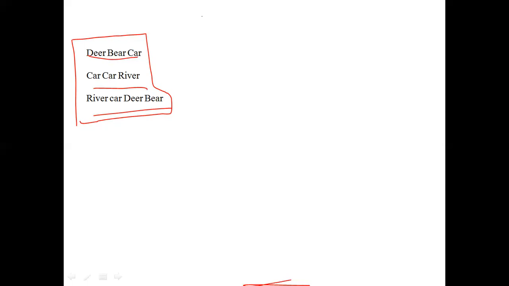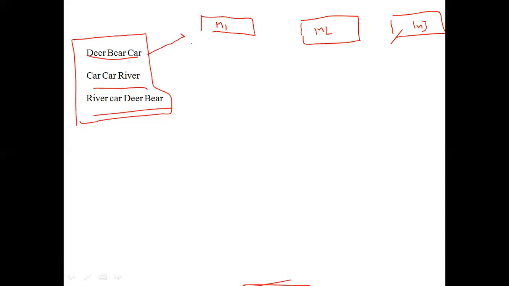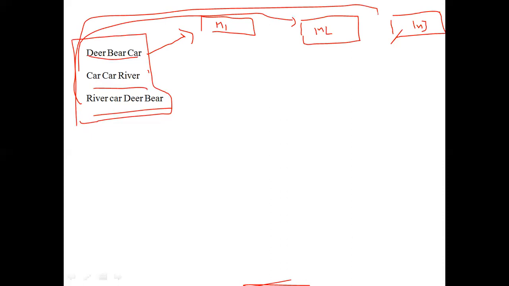So in this example, three mappers will be there: M1, M2, M3. For input split 1 this is the mapper, for the second split this is the mapper, and for the third split this is the mapper. By default, how many reducers will be there? Generally, by default, only one reducer will be there.